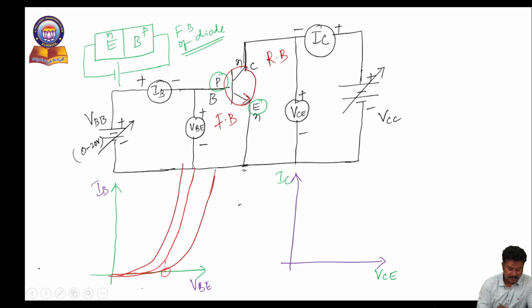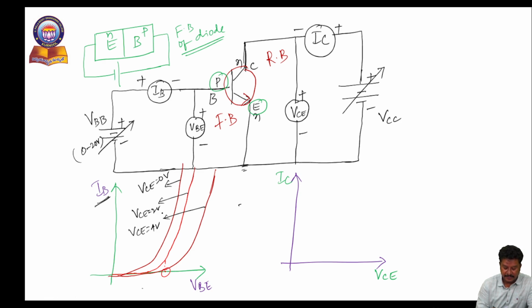By considering VCE as constant, first consider VCE equal to 0 volts for the first case. In the second case, VCE equal to 2 volts. In the third case, VCE equal to 4 volts. As VCE changes from 0 to 2, we have to observe what will be the variation of IB current.